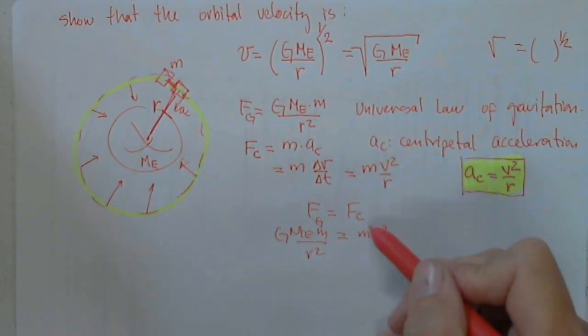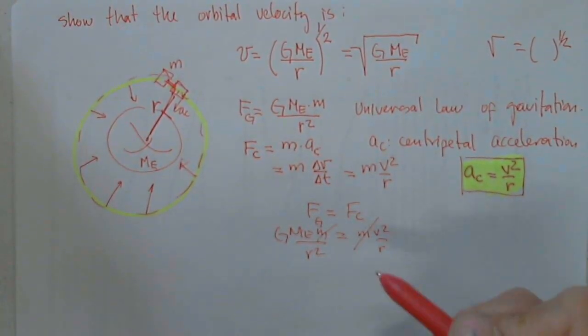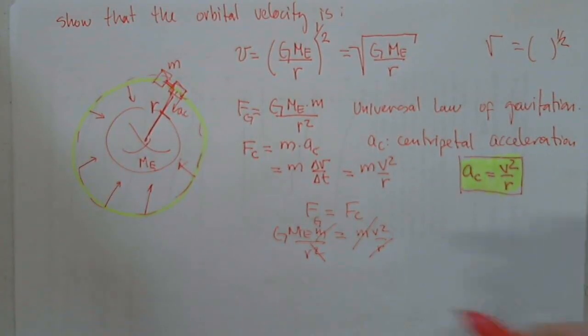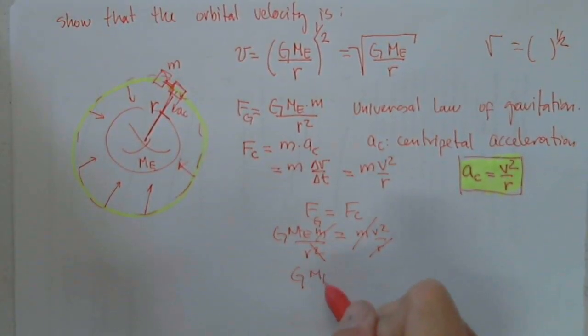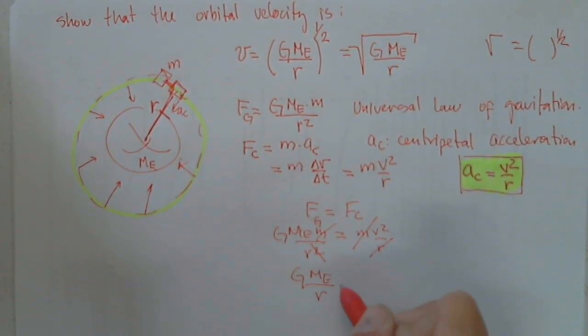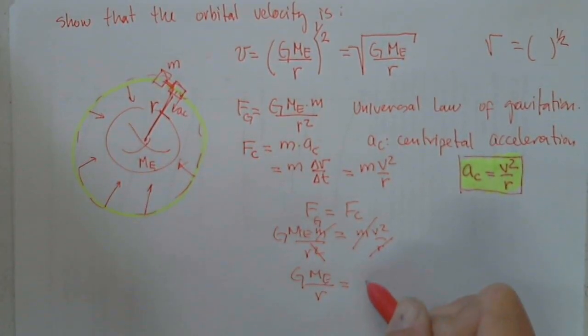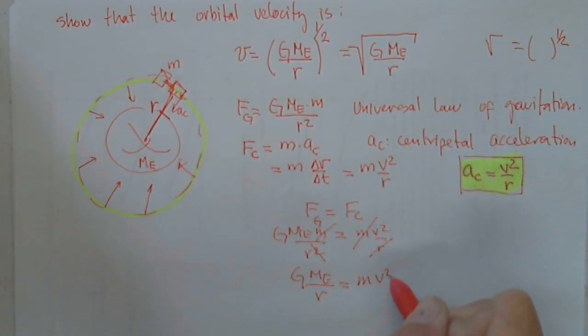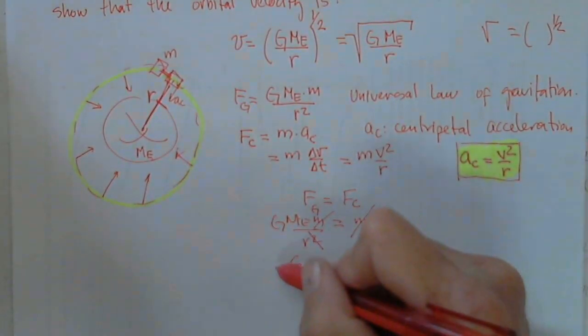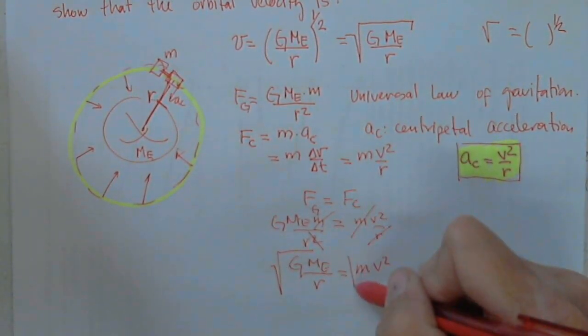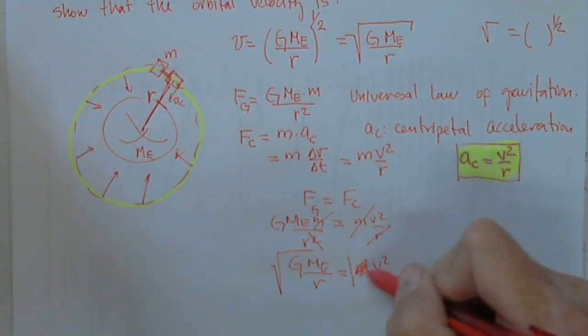So as you can see, one mass cancels, one r cancels, and now we take a square root on both sides. The mass cancels here.